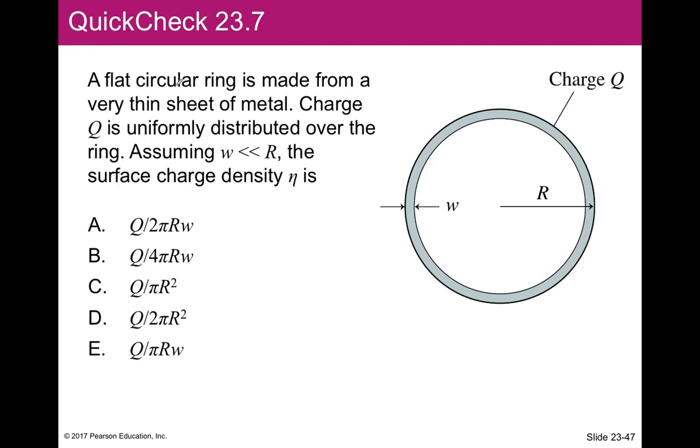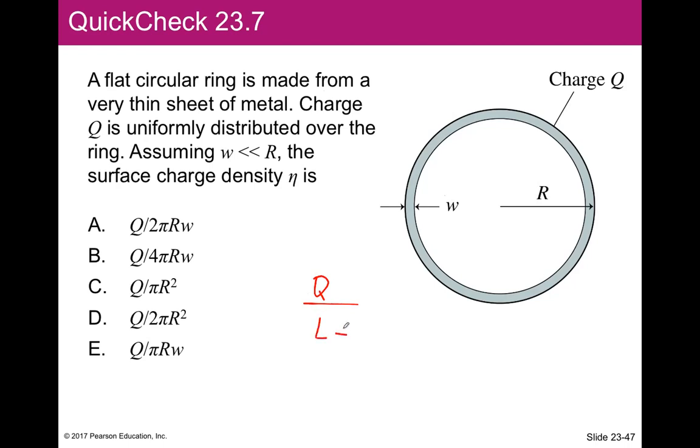So a flat circular ring is made from thin metal, which is shown here. Charge is uniformly distributed when, let's say, the ring is very thin compared to the radius. Then how do you find the charge density? Again, Q over the length.